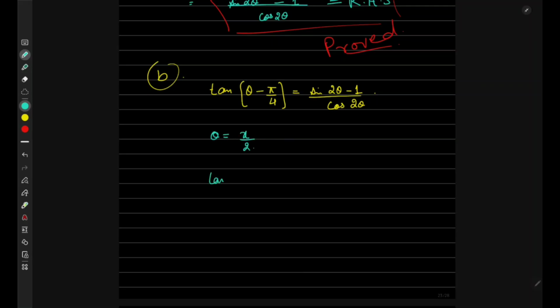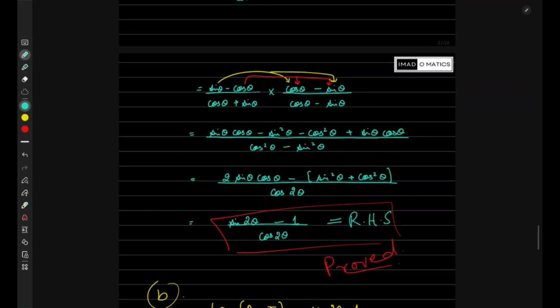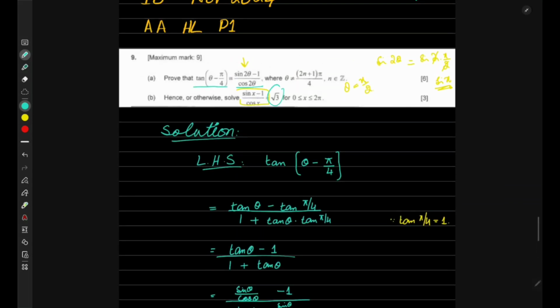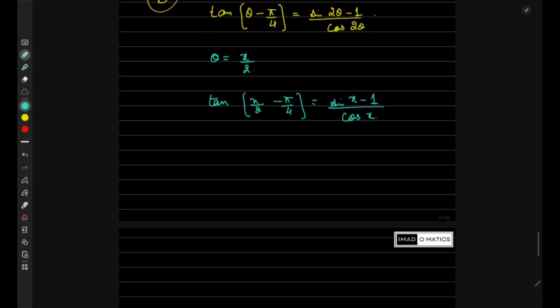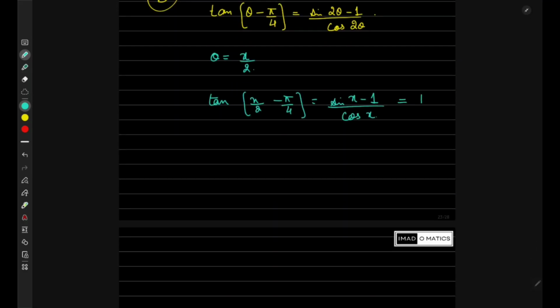Putting the values in the above equation, we have tan(x by 2 minus pi by 4) is equal to (sin x minus 1) over cos x. And (sin x minus 1) over cos x is equal to under root 3, so tan(x by 2 minus pi by 4) is equal to under root 3.